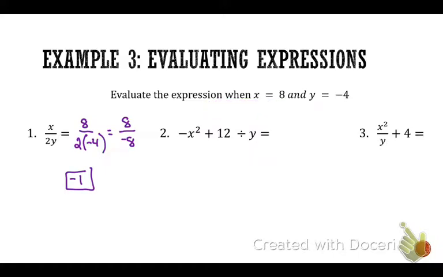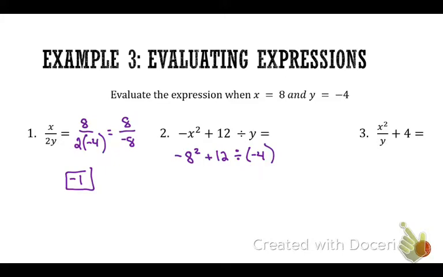A negative, and it's not in parentheses. Okay, so when I plug it in, this means negative 8 squared plus 12 divided by negative 4. And the reason I put negative 4 in parentheses is because it separates a double sign, dividing by a negative.